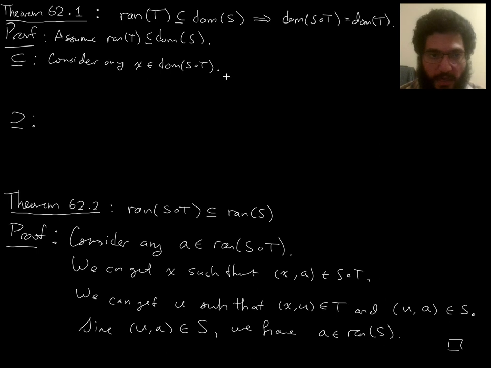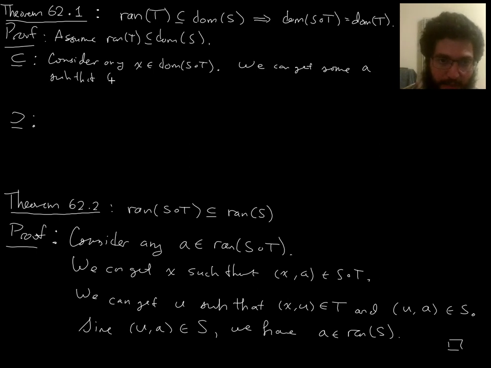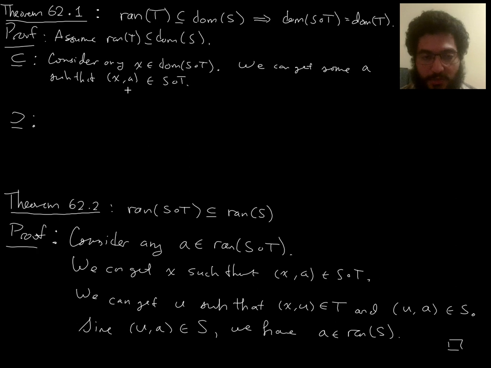So consider any x in the left-hand side, domain of S composed with T. Now I use the definition of domain. We can get some a such that the pair x comma a is in S composed with T. Now let me use the definition of composition, another existential instantiation.